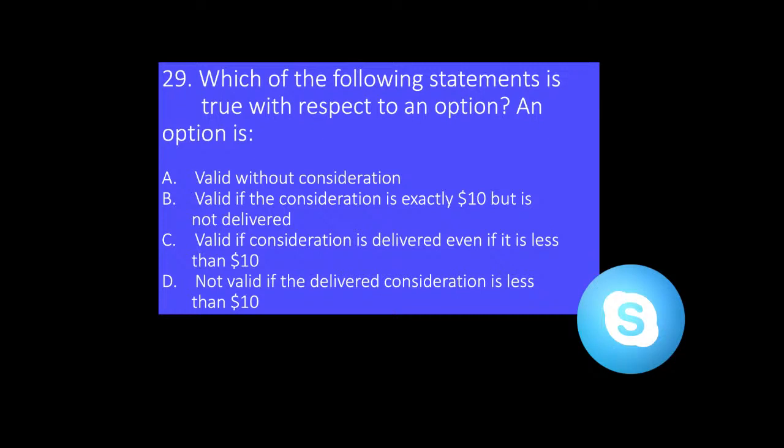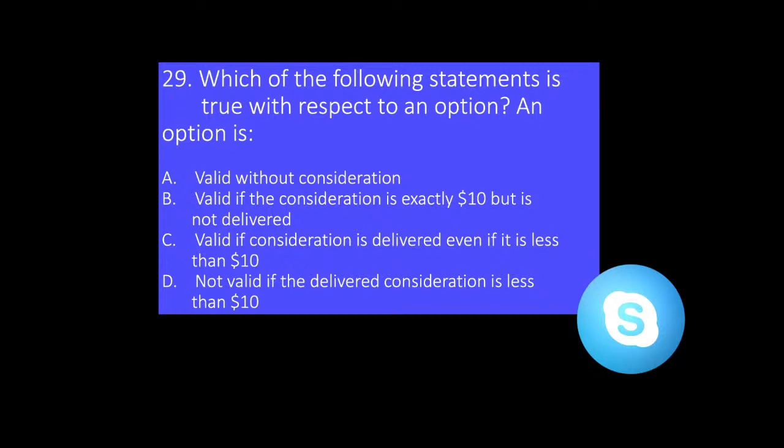Legally, an option can be valid even if it's just for a nickel. So C is actually the best answer. It's not exactly the correct answer, but C is the best answer among all the answer choices. Remember, in the exam you have to pick the best answer.